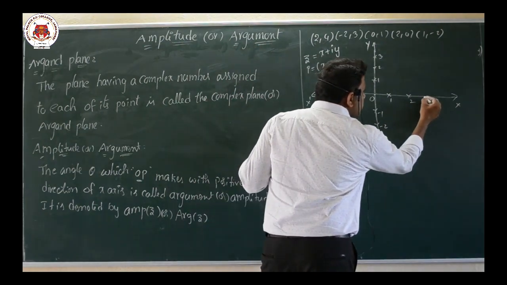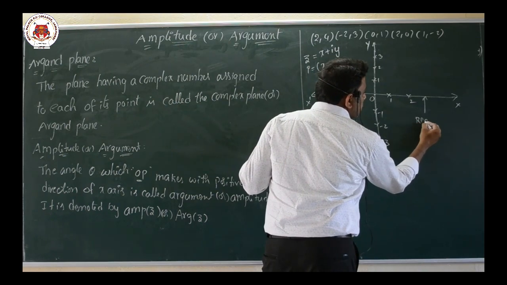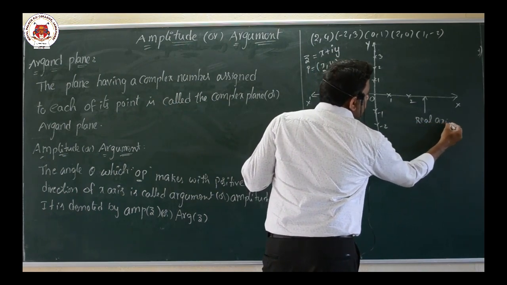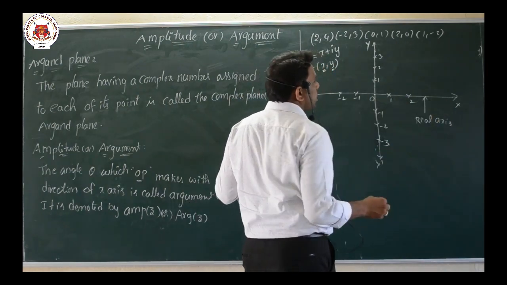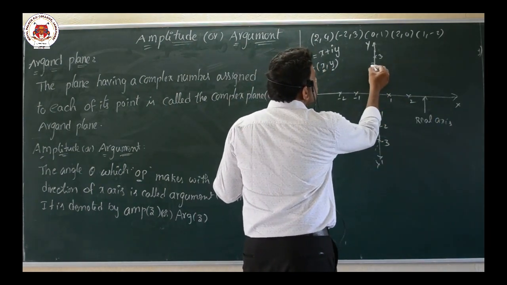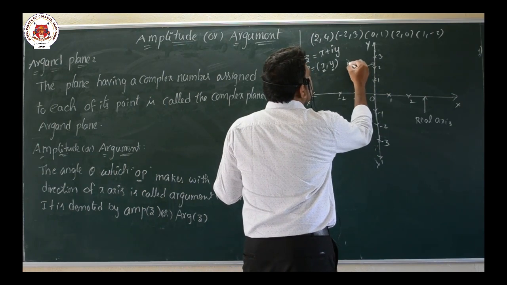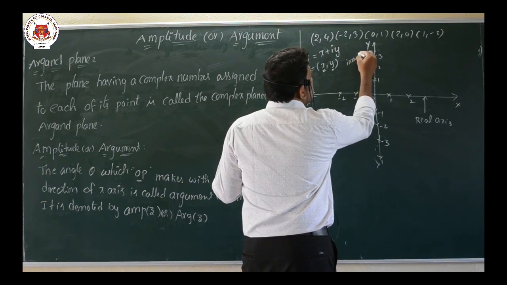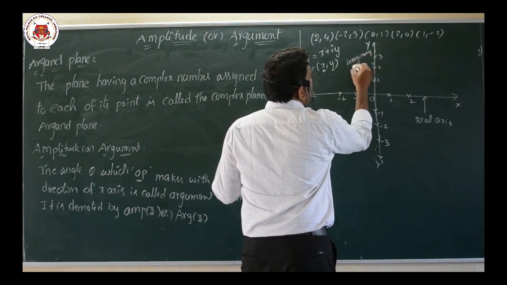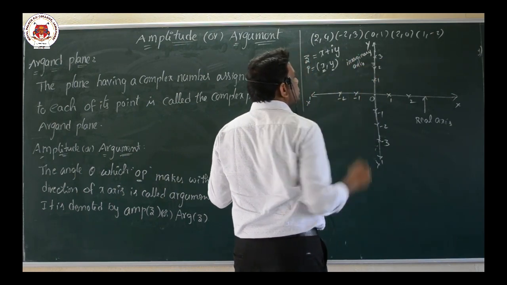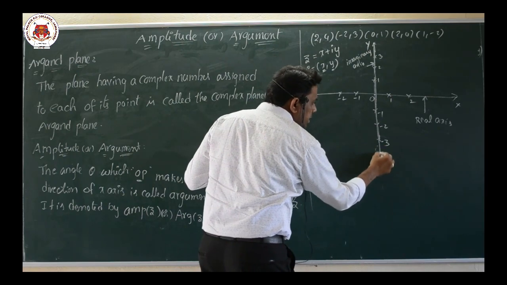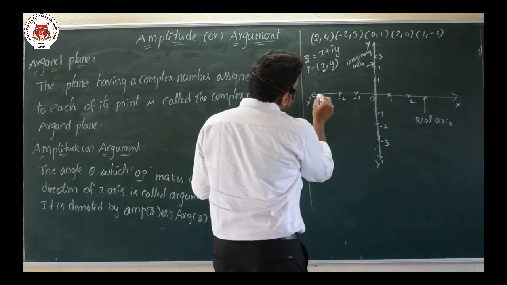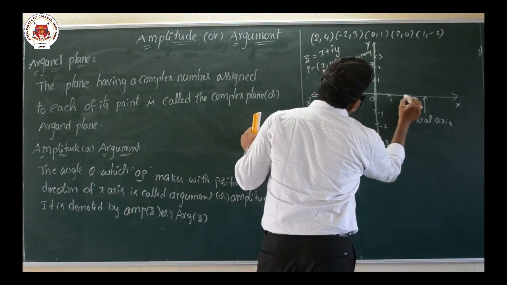Children, this is called the real axis, because the x values are the real part. And this one is called the imaginary axis, because the y values are imaginary numbers. So this is the imaginary axis, and the x-axis is the real axis.